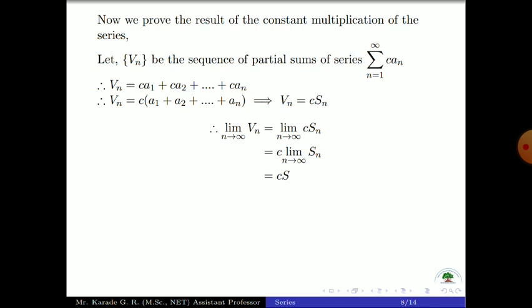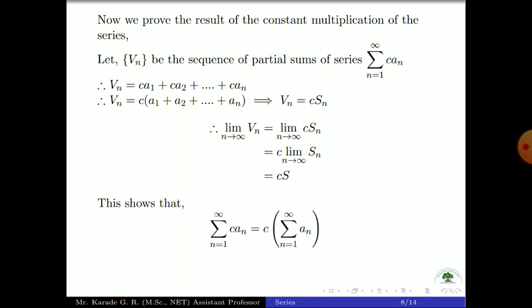Therefore, limit Vn as n tends to infinity is equal to limit C Sn, which is C, taking C outside, into limit Sn as n tends to infinity. Limit Sn as n tends to infinity is nothing but S. Therefore, limit of Vn as n tends to infinity is equal to CS.